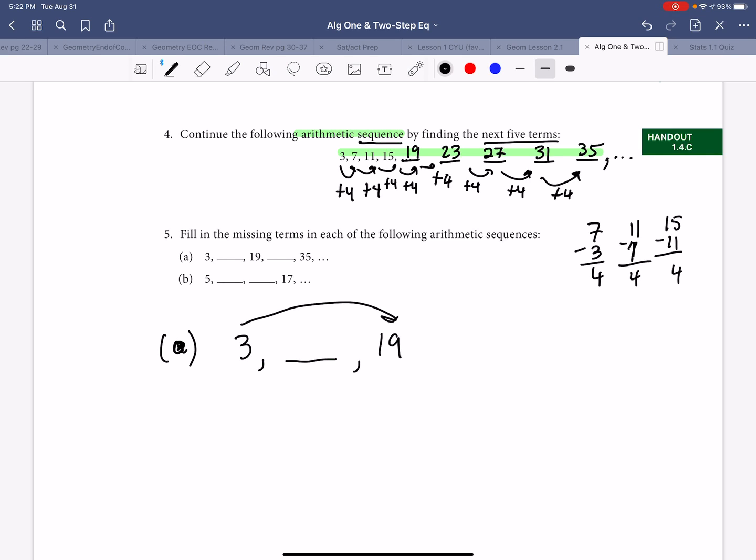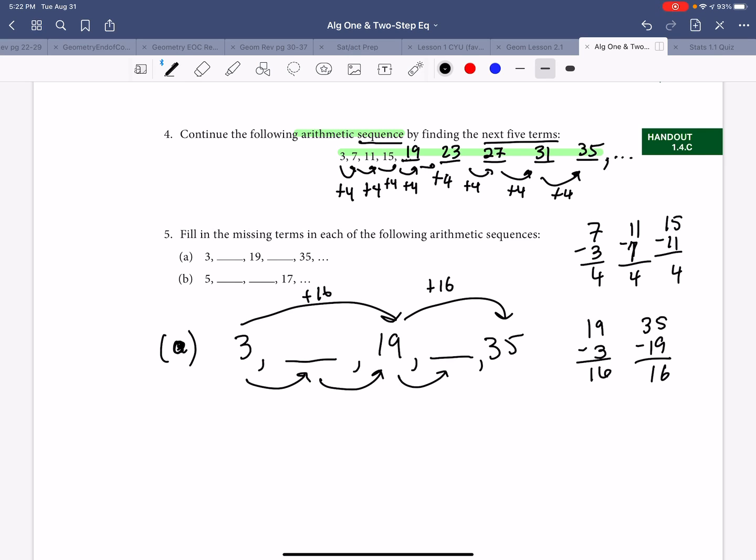Well, how much did it jump the 2 steps? It went up, so let's figure out how far up. That'd be 16. Okay, and then how far up again? So it looks like I added 16, and that's 16 again. So we're thinking here, what middle step did I do the same thing to?